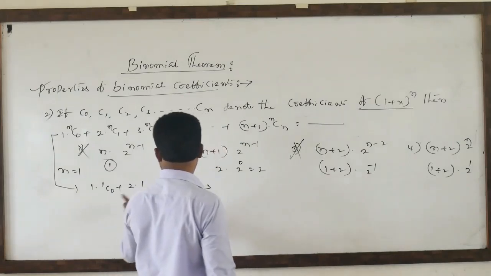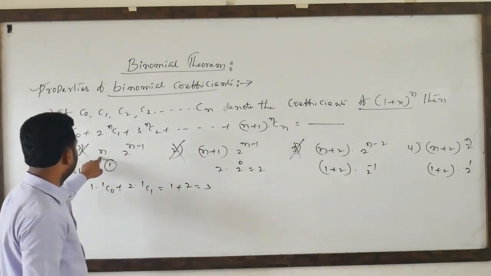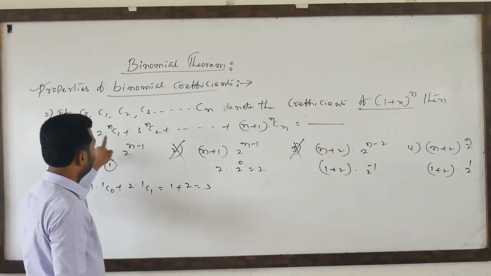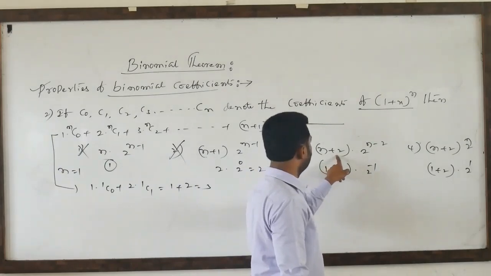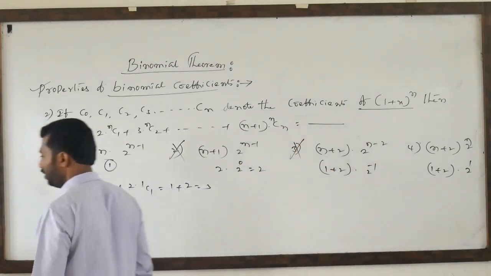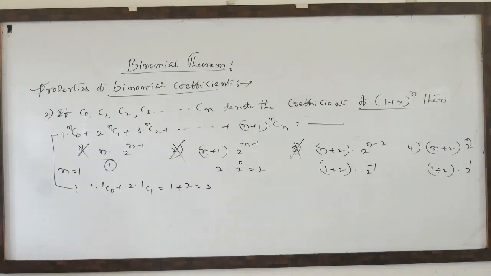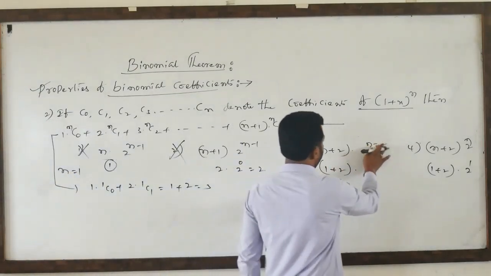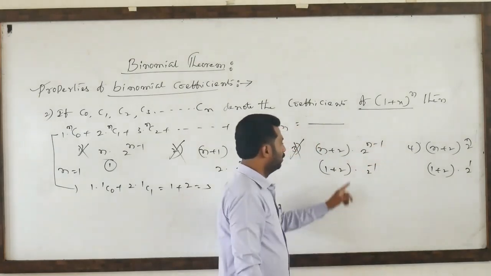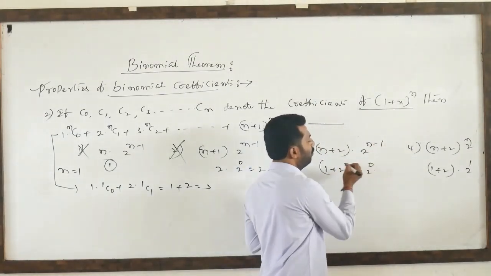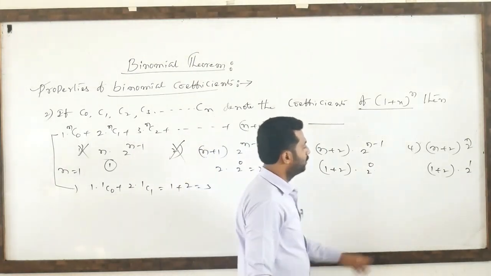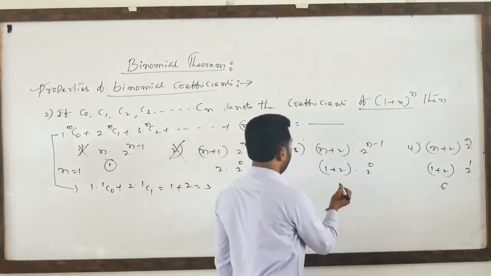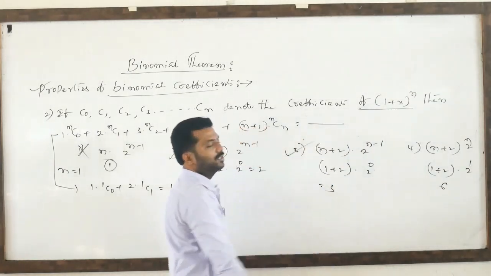Here what did we get? 3. So this is the answer, the second option with n plus 1 into 2 to the power n minus 1.